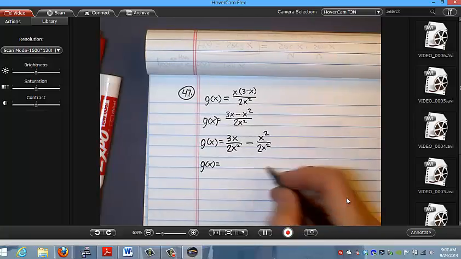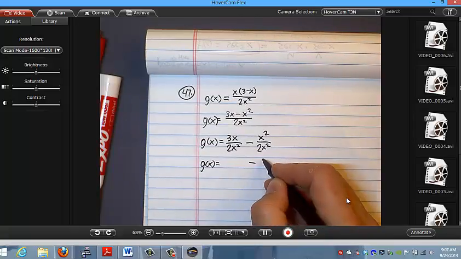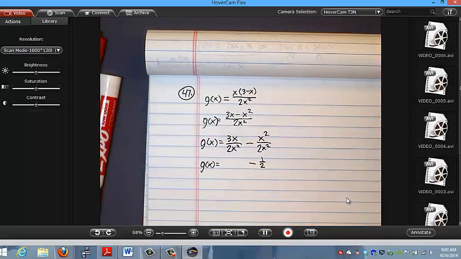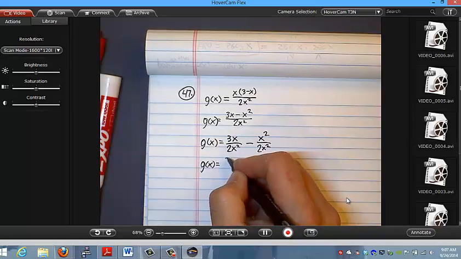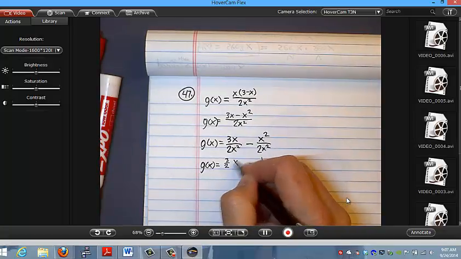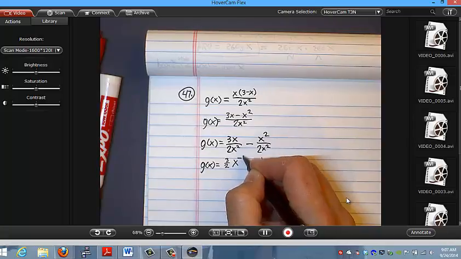The x squareds cancel and you just get minus 1/2, right? The first fraction, I claim, is 3/2, and let's write it as x to the -1 power.